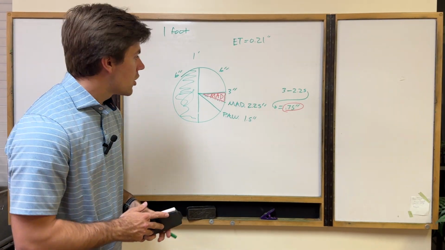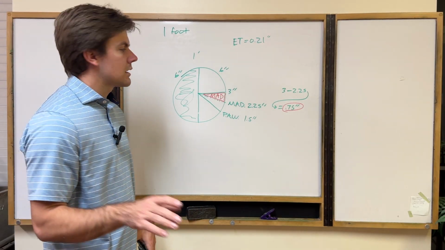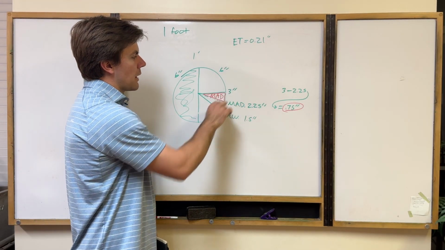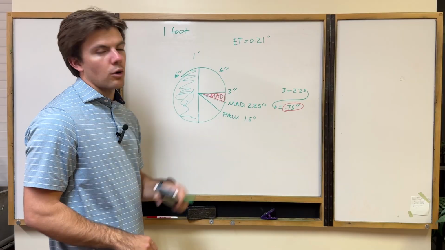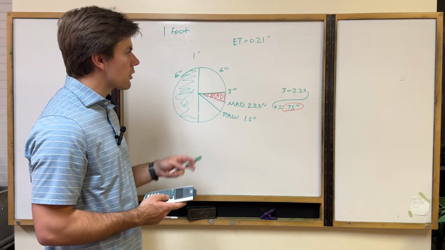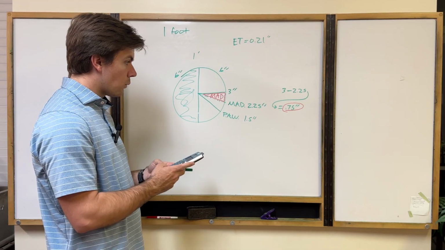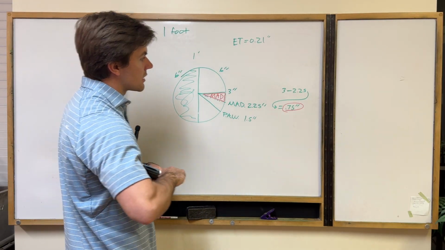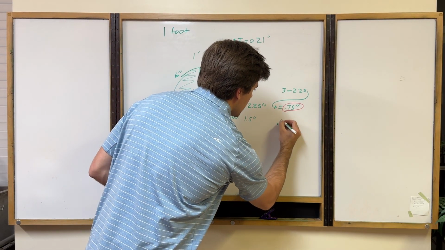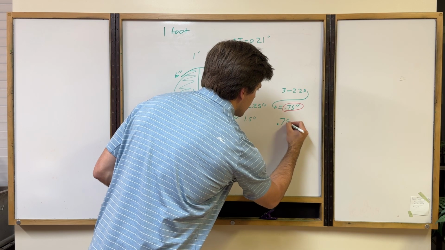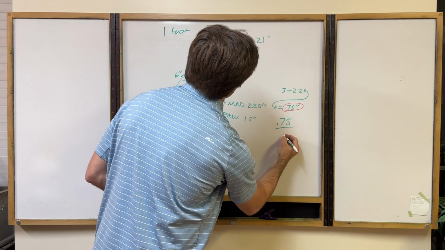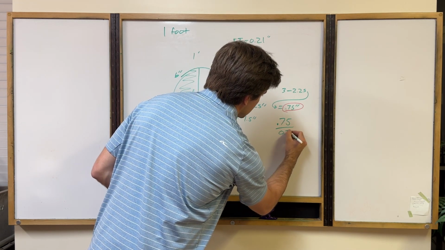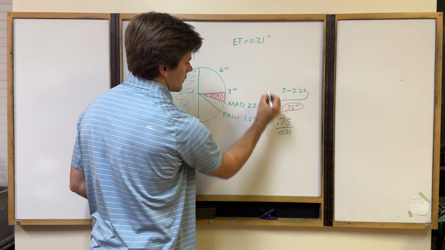So let's say you just watered your grass and you filled it up to field capacity. You have 3 inches of water in your soil right now. How long before you need to water your grass again? What you're going to do is you're going to take 0.75, I'll write it down so you can see, 0.75, and you're going to divide it by 0.21, which is the ET from here.